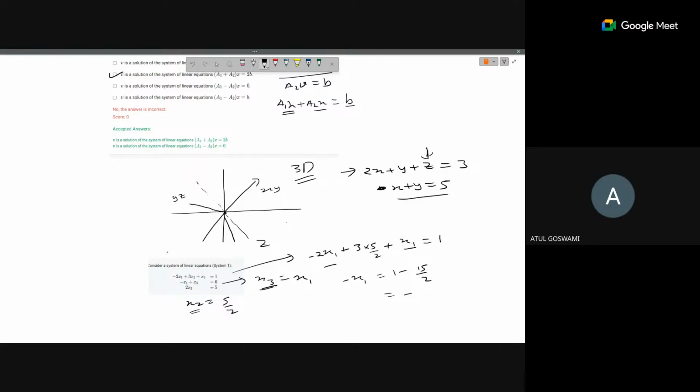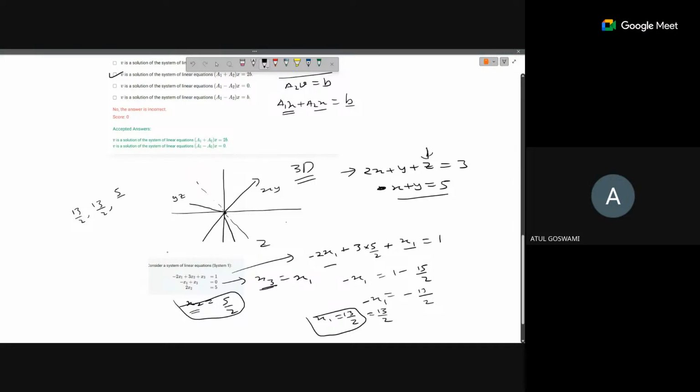So this is minus 13 by 2 minus x1. So x1 equals 13 by 2. Now you have x1 and you have x2. So basically, we don't have x3, but x3 is simply x1, right? So x3 is also 13 by 2. The solution is 13 by 2, 5 by 2 and 13 by 2.